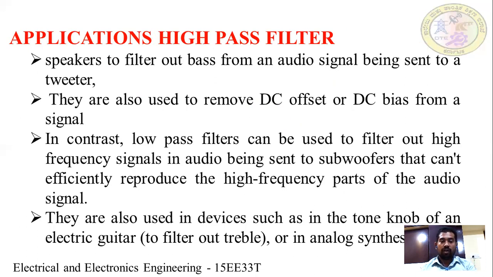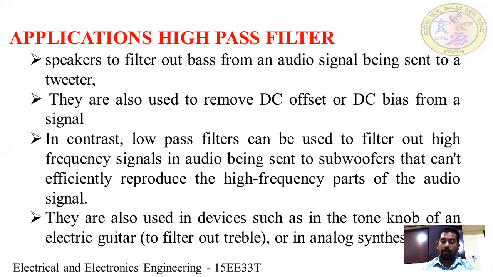Let us move to the applications of the high pass filter. High pass filters are used in speakers to filter out the bass from the audio signal that is being sent to the tweeter. They are also used to remove a DC offset and DC bias from a signal.